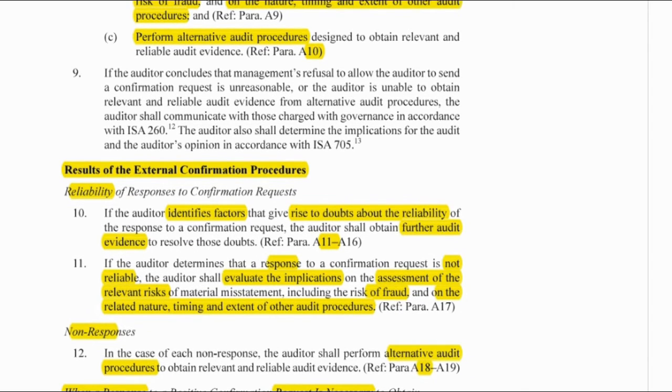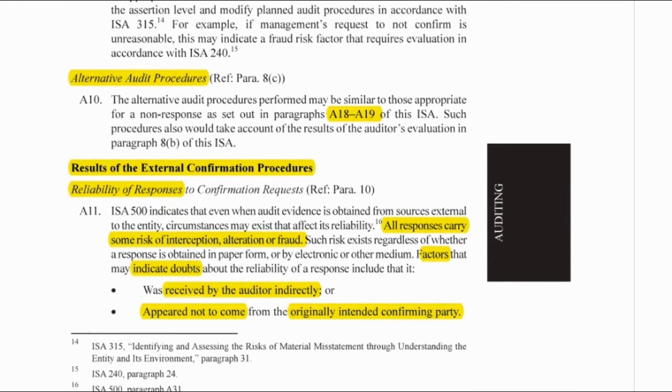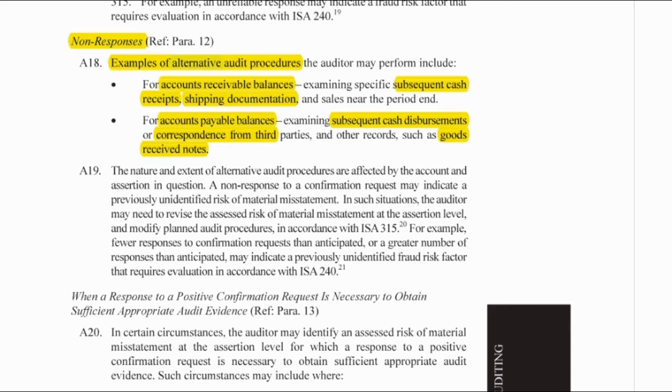Okay, then I've got you could perform alternate procedures. And I've highlighted A10, but it doesn't really help us because A10 says please go and look at A18 to A19. So let's have a look at this, guys. Alternative procedures to external confirmations. If it is accounts receivable, we can do subsequent receipts.